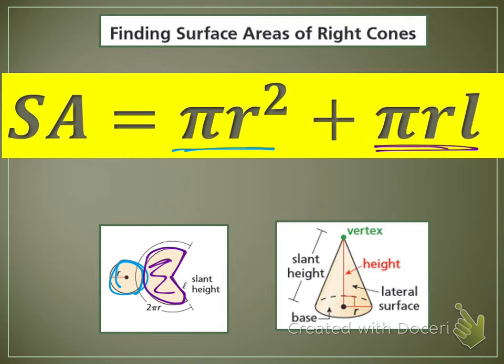So r stands for the radius, L stands for the slant height. I would mark that if you haven't already.